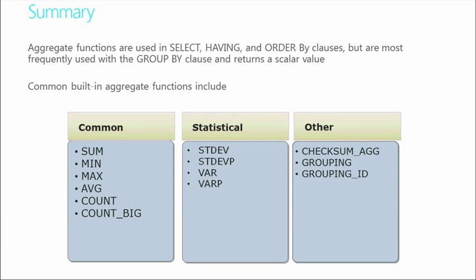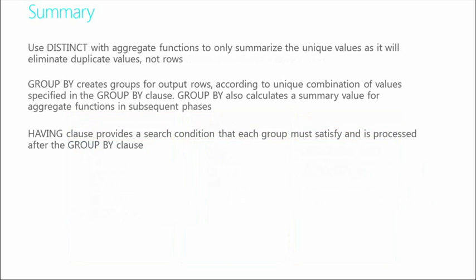All right, so let's just do a little bit of review for this module. We introduced three of the common built-in aggregate function categories: the common, the statistical, and the other category. We saw a demo on several of these, especially under the common ones and the other column. We also talked in more detail about the distinct clause, and the group by and the having clause.